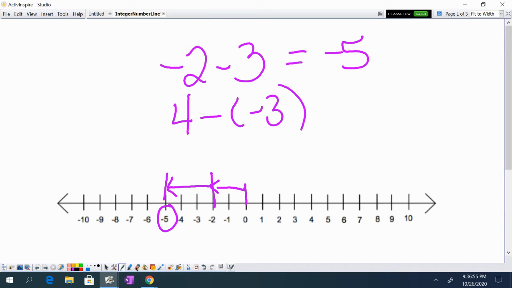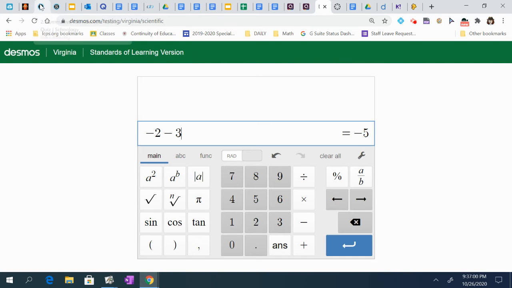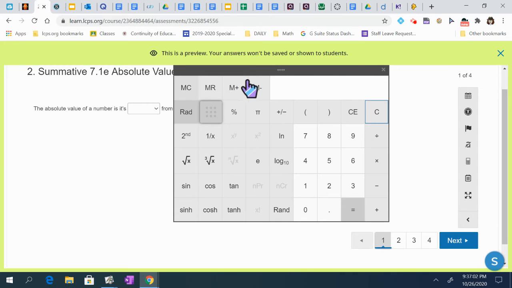Now, a scientific calculator that's not a Desmos, like the one that's in your Schoology program, I can still do the same thing, -2 minus 3. Okay, but I have to hit the equals button.